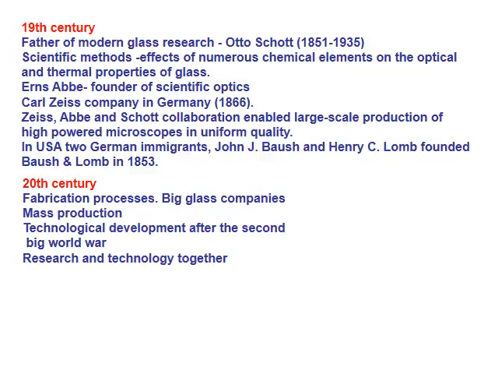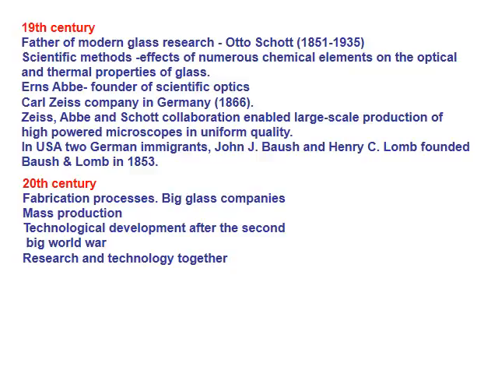Ernst Abbe proposed the theory of optical imaging of the microscope that established him as the founder of scientific optics. His theory, combined with new optical materials from Otto Schott, gave the Zeiss Company an enormous technological advantage. The collaboration between Zeiss, Abbe, and Schott enabled large-scale production of high-powered microscopes in uniform quality.